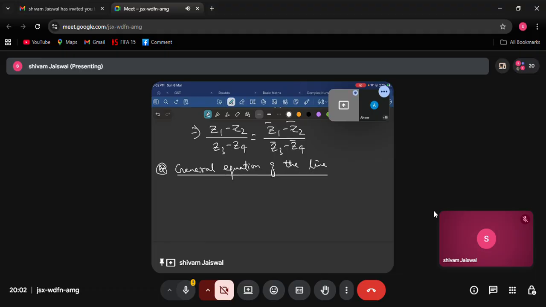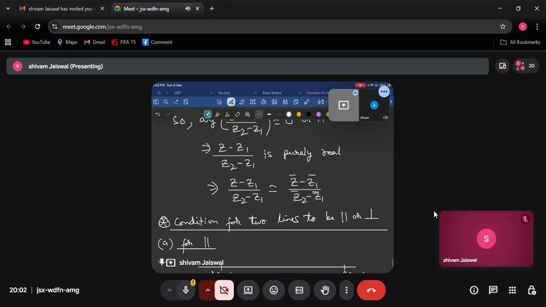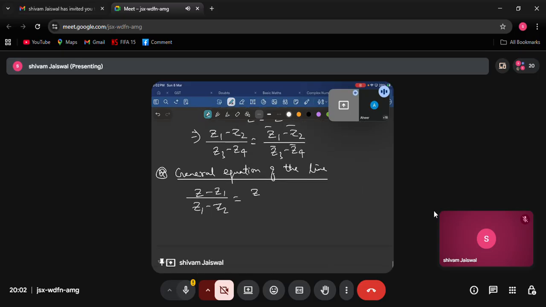Okay. So everyone, what have we learned till now? (z - z1)/(z1 - z2) is equal to... wait a minute, what was the equation of the straight line? (z - z1)/(z1 - z2) is equal to (z bar - z1 bar)/(z1 bar - z2 bar).